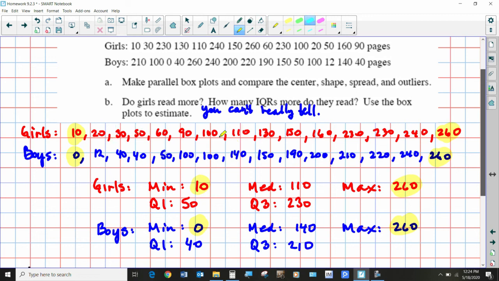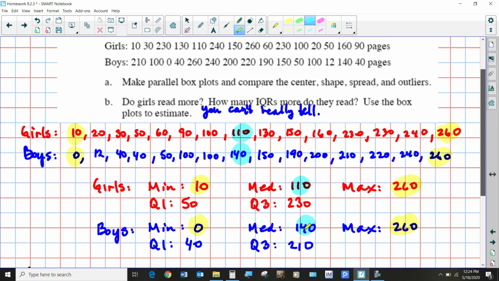What number is in the middle? There's the median of that data. Here's the median of this data. Plug those in. It looks like just by looking at the median, which is another way of saying average, one could argue that the boys had the higher average number of pages, so they read more than the girls, just based on the medians.